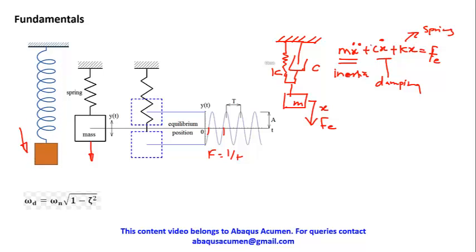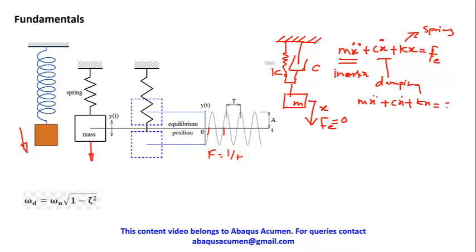Now in the case of natural frequency, you don't have any external force, so the external force is nothing but 0. So the equation m x double dot plus c x dot plus k x is equal to 0. Now, specifically about the damping: there is damping, but why don't we have to take this damping in the modal analysis?